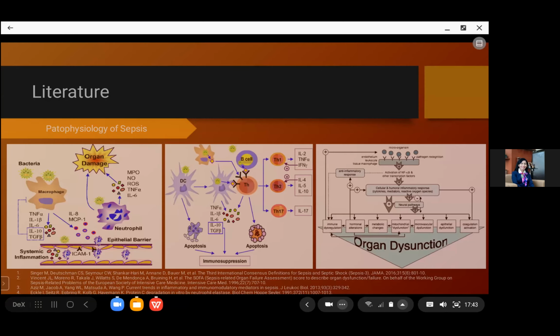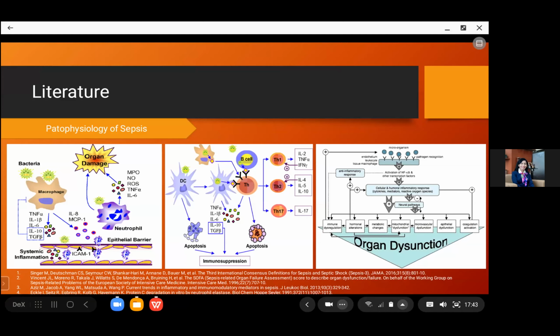Okay, this is the picture of the roles of the innate and adaptive immune systems in sepsis pathophysiology. In response to invading pathogens, macrophages serve as the first line of defense, inducing the innate immune response, and pro-inflammatory cytokines such as TNF-alpha, interleukin-1 beta, and interleukin-6 released from macrophages further augment systemic inflammation and epithelial barrier dysfunction.